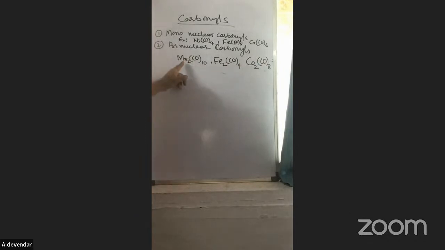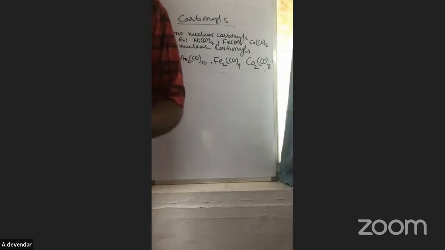These are the binuclear carbonyls. Manganese, iron, and cobalt are d-block elements. After the 25th element, manganese, iron, and cobalt come. Chromium is the 24th element, iron is the 26th, and nickel is the 27th. These are all d-block elements, which form the carbonyls.